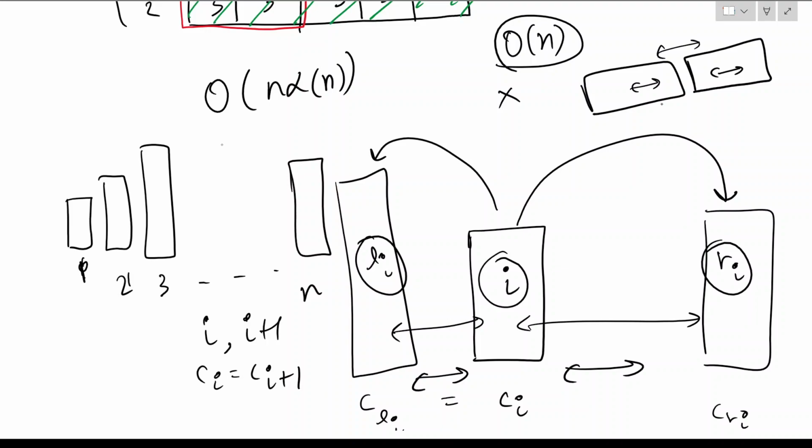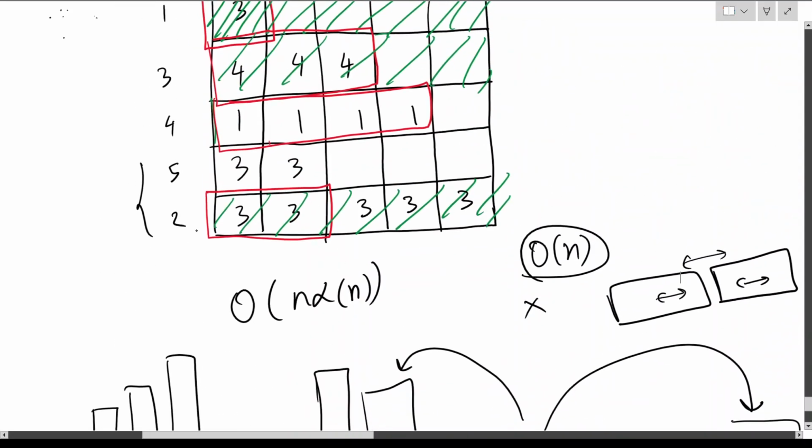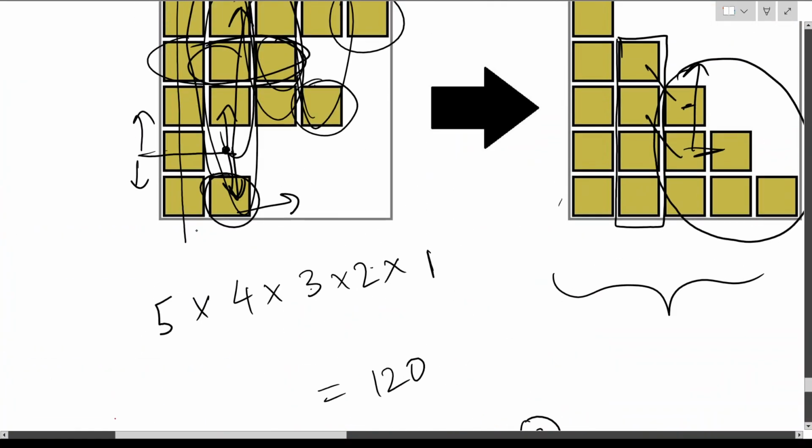Using this, we can use even something like a doubly linked list to speed up things to linear time. But of course, that is not necessary. And so overall, that solves the problem in linear time, and we're done.